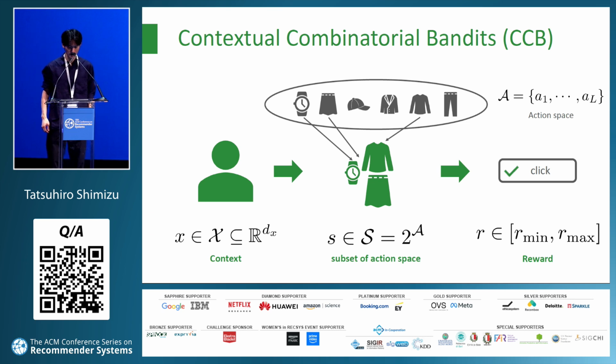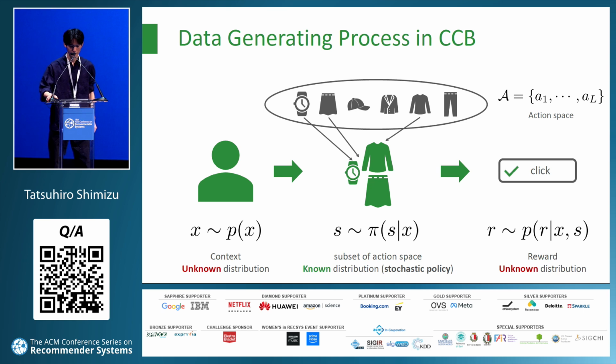Then we define the subset action, which is a combination of items in recommender systems, and a subset of the action space, where the action space is the set of the unique actions in recommender systems. Lastly, we define the reward R, which might be the click rate or conversion rate in recommender systems.